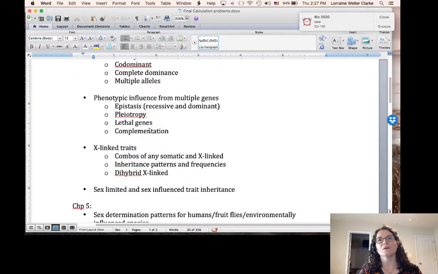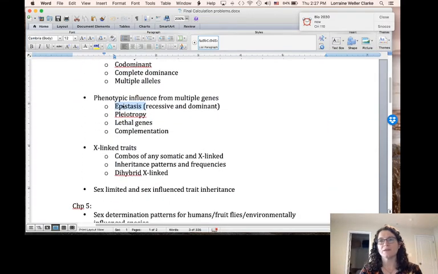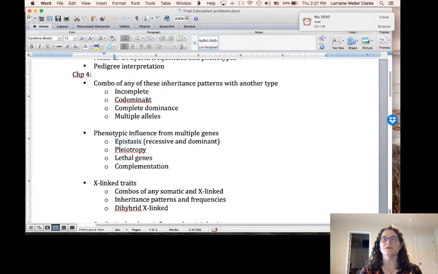The same thing applies here: being able to predict for epistasis what kind of output you will have. From chapter 4, there are going to be about 5 questions, but it could be any combo of those inheritance types. I could put a codominant one with an X-linked trait.